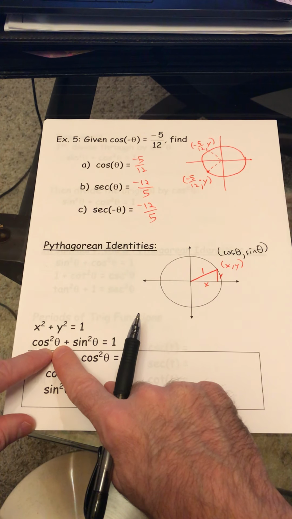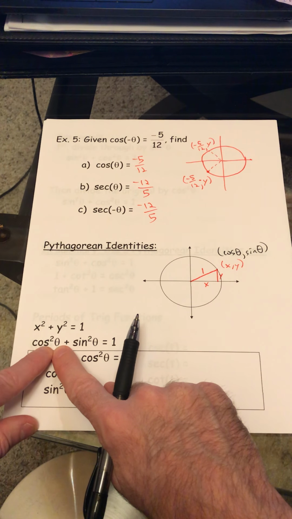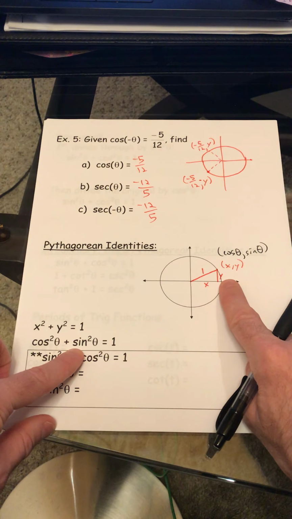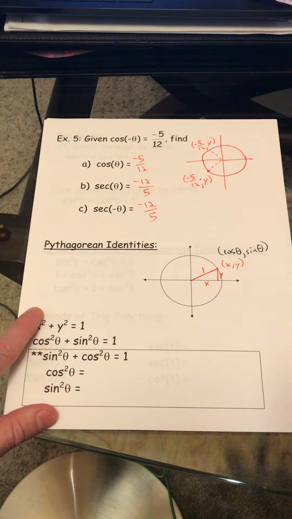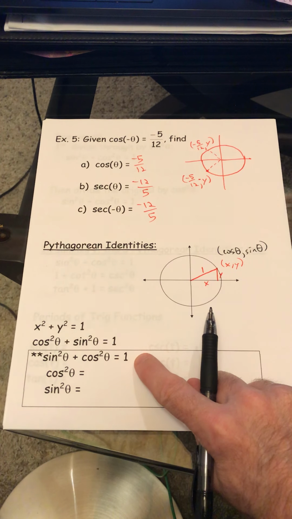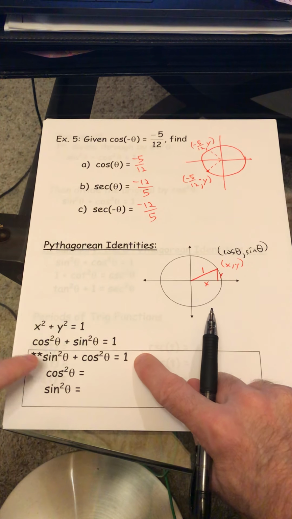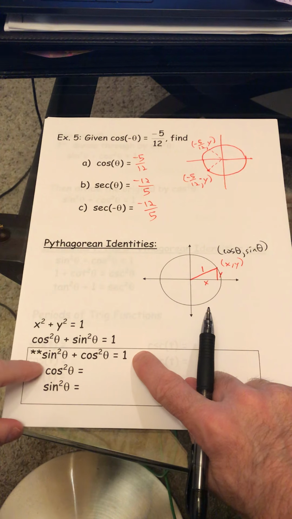Now, one thing that I will also have you notice is that we put the square in between cosine and theta. So cosine squared theta, again, sine is y squared would be sine squared theta equals 1. This is one of our Pythagorean identities. This is one of the other things that you're going to use quite a bit.